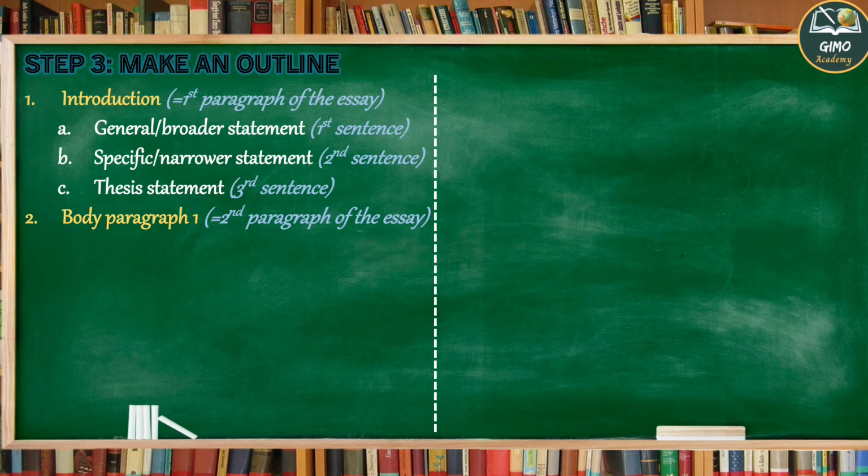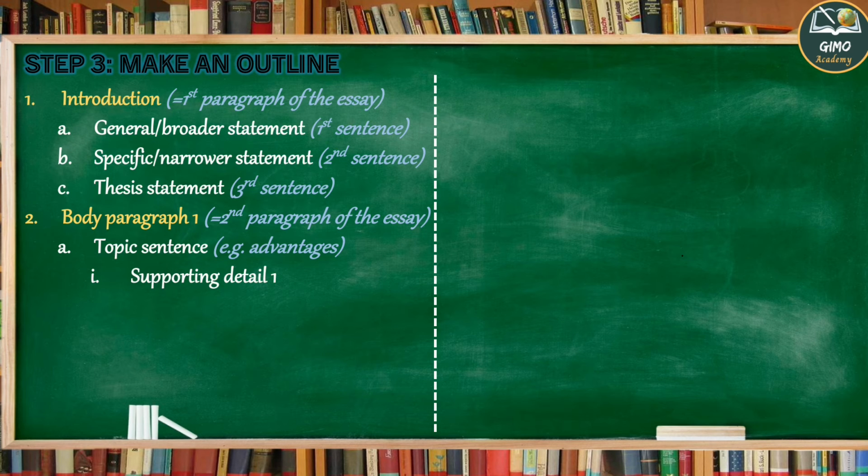So our essay should also have 2 body paragraphs, and the first body paragraph, which is the second paragraph of our essay, should include a topic sentence. In our specific example, the topic sentence should be about the advantage.